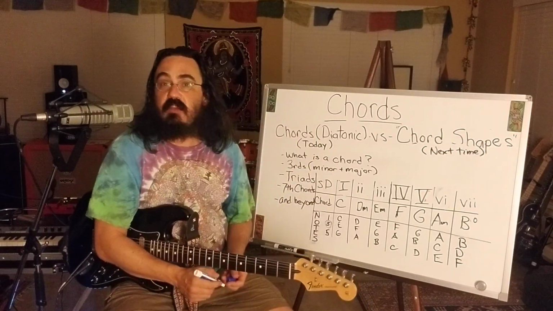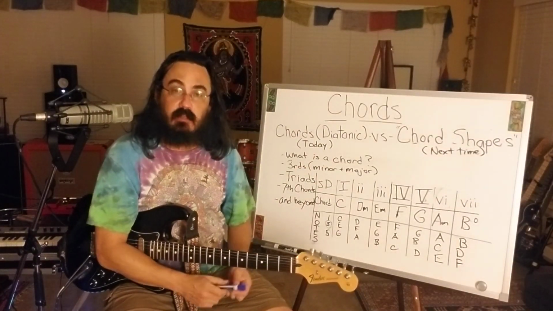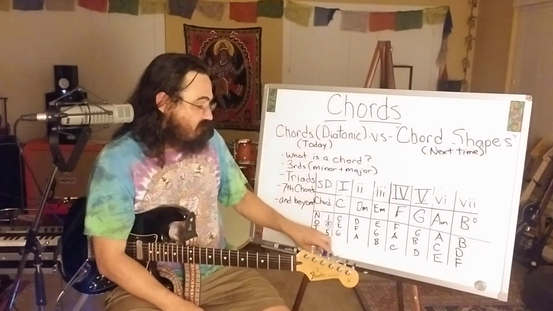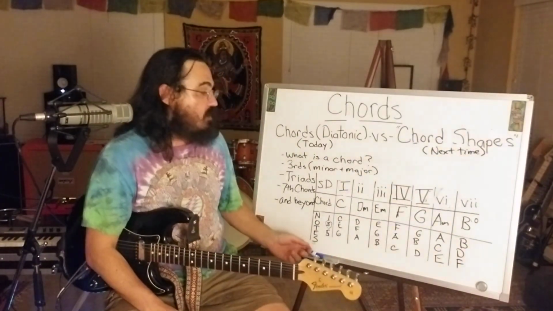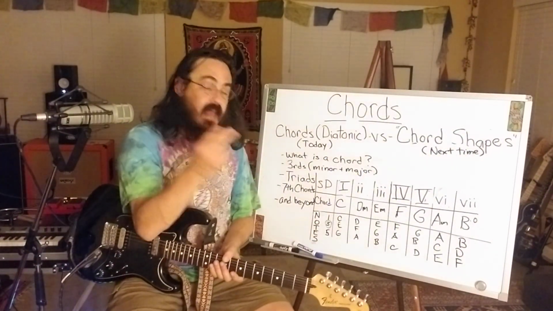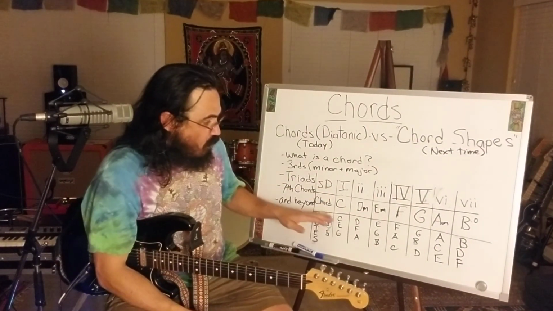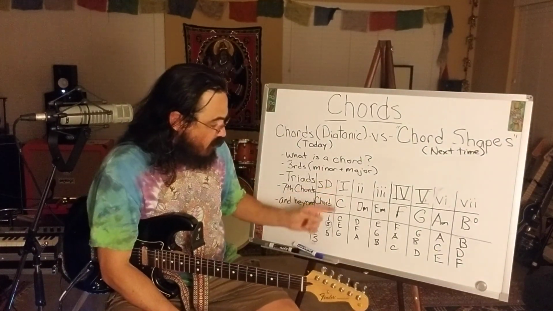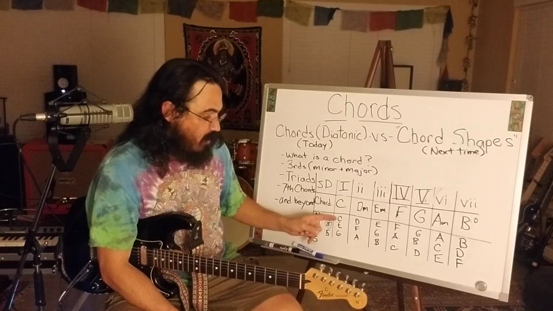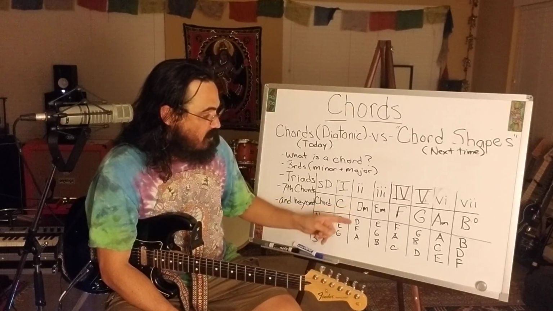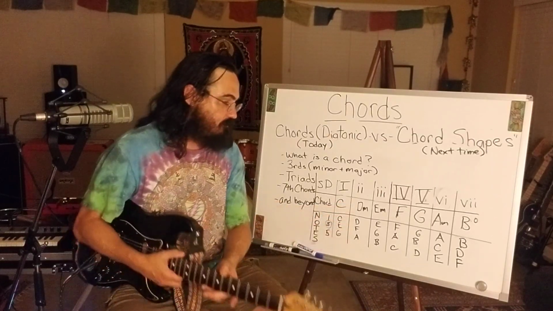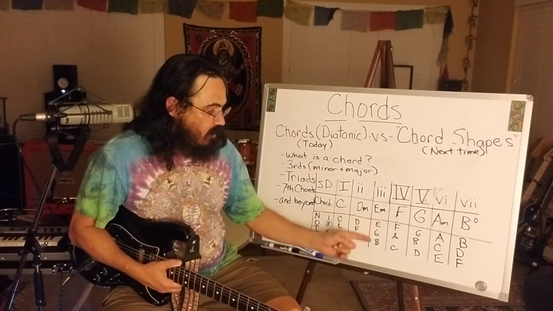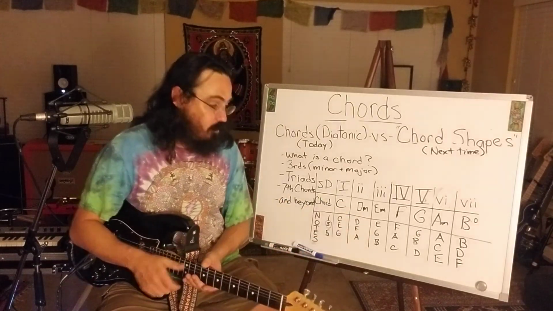The 3 is a little tricky, but I'm going to show you how it's really not so tricky. So, if you note a pattern here, let's say we start with C, it's spelled C, E, G, D is spelled D, F, A, E is E, G, B, and so on and so forth.